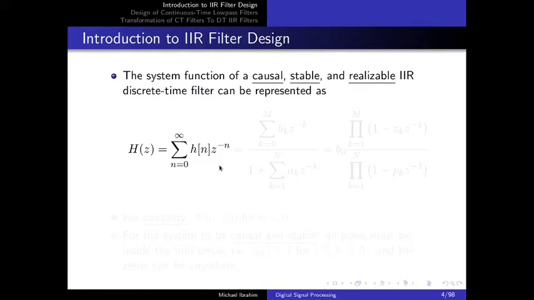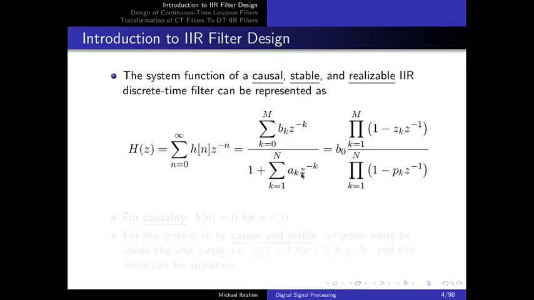And for this transfer function to be realizable, it needs to be of the form of a rational function. In other words, a ratio between two polynomials, which is the form we have discussed in the Z transform chapter. So we have a polynomial of z to the power minus 1 in the numerator, another polynomial of z to the power minus 1 in the denominator.